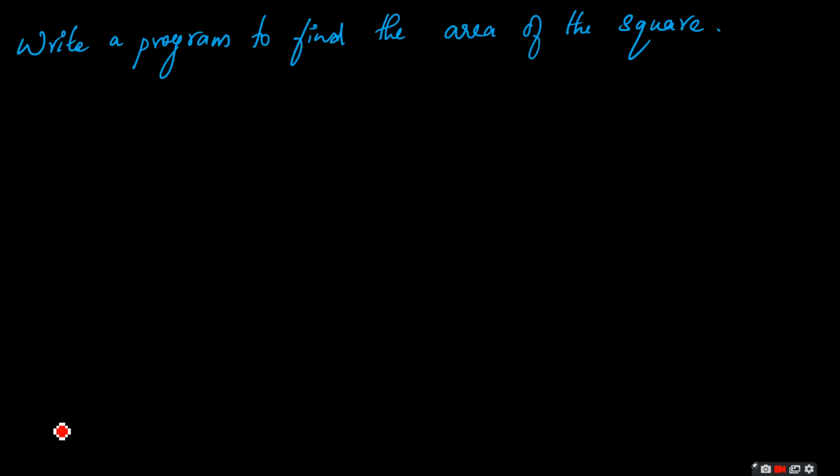Now next question, write a program to find the area of a square. So we know that area equal to side square, that is area equal to side into side. So if we give one side, we will calculate the area. So no need of writing side equal to input and side equal to, just one side is enough.